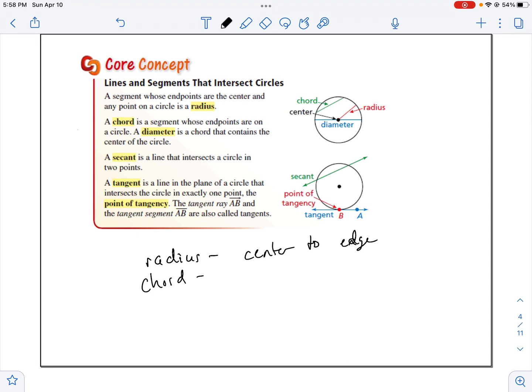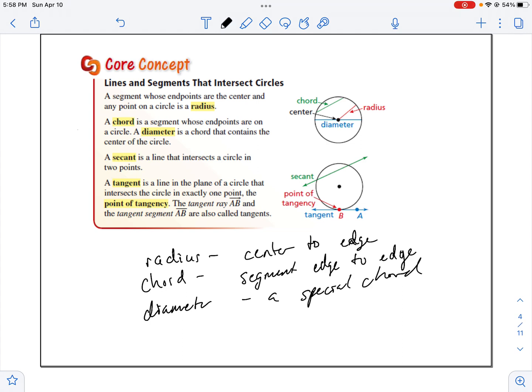Chord is a segment that goes edge to edge. And really, we probably shouldn't use the word edge, but you'll understand what I'm saying. Diameter is a special chord. Secant, and here's the difference between a secant and a chord.